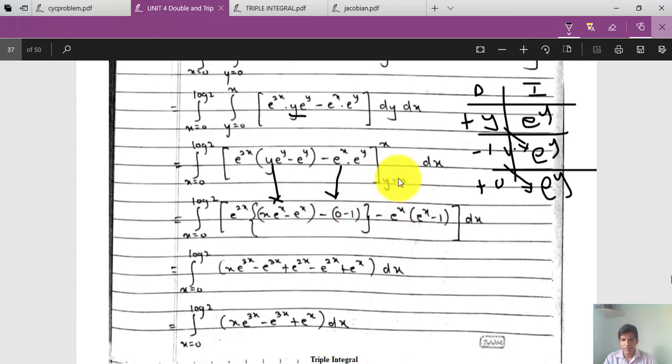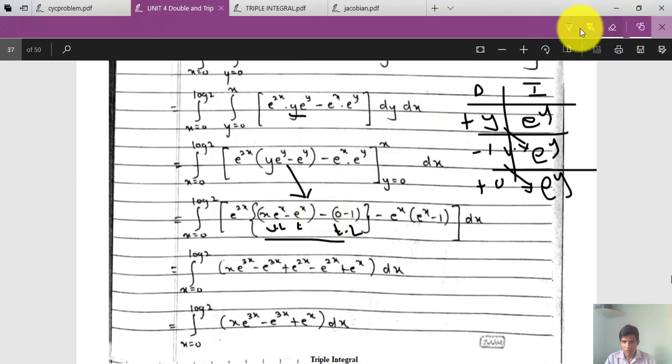I am substituting y as x, so this is the upper limit, and here it is my lower limit, because if I substitute y equal to 0, this term turns out to be 0, and anything to the power 0 is 1. This is the simplification for this particular thing.